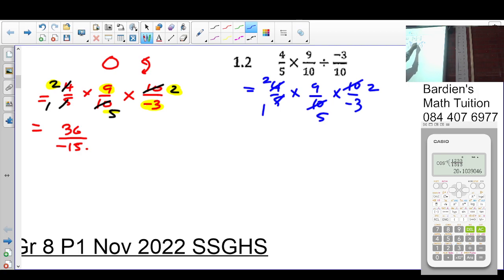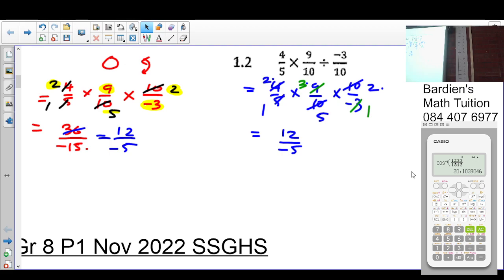Oh, 3, this can actually go further. So 3 goes into here 3 times and here once. There's no mistake in the cross cancel, I just had to go further. So it's going to be 2 times 2 is 4, 4 times 3 is 12 over negative 5. I just had to go a step further in the initial sum.